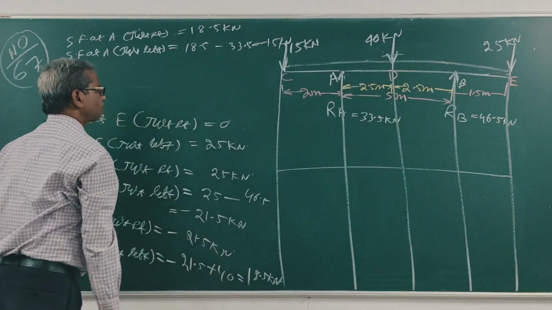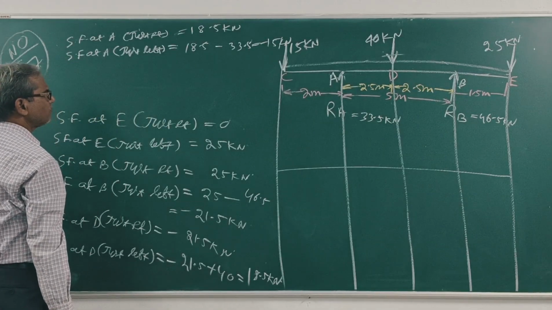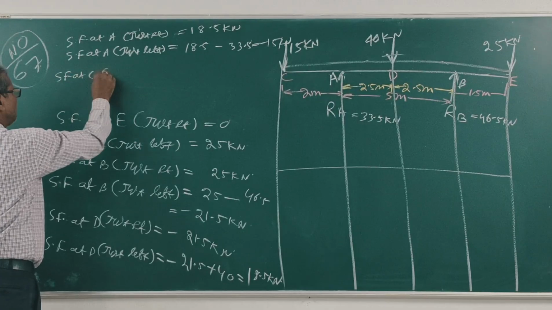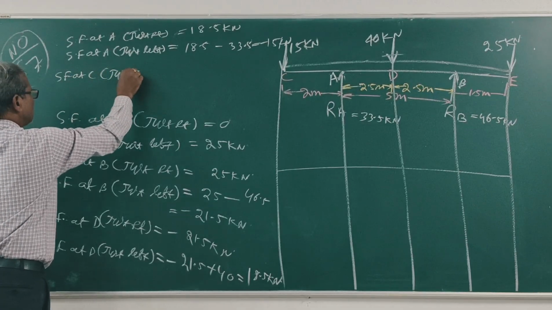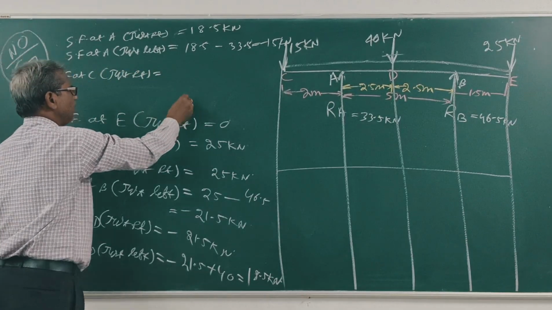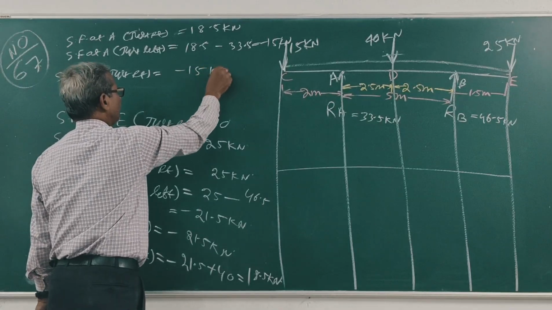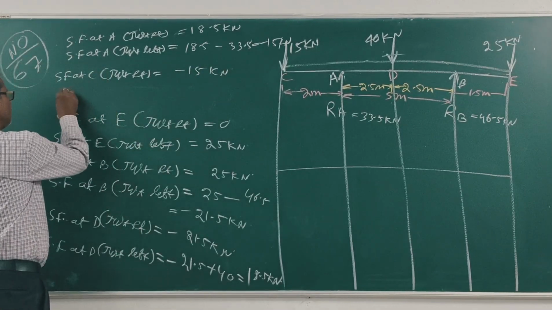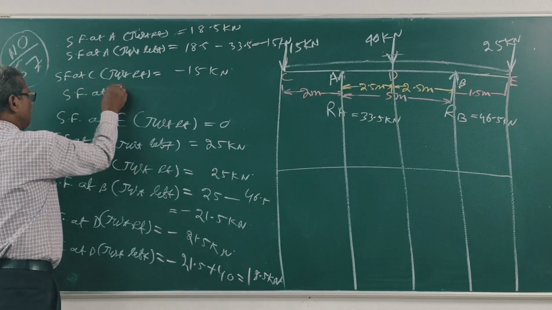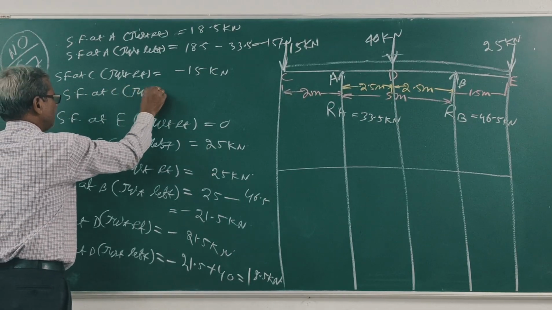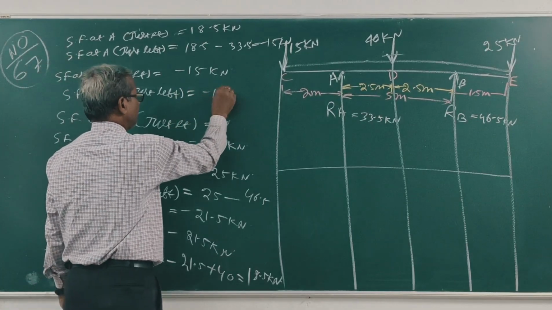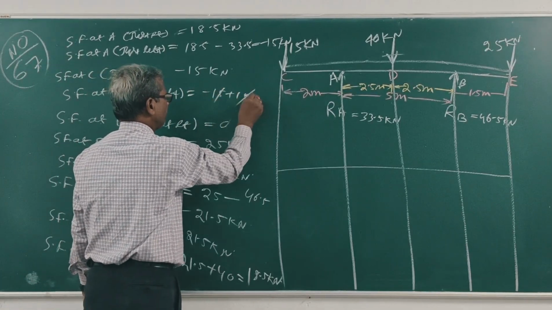Then shear force at C just right is minus 15 kilonewton. Shear force at C just left is minus 15 plus 15, which is 0.